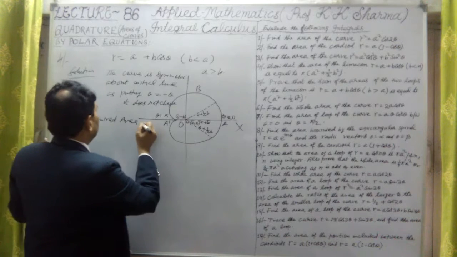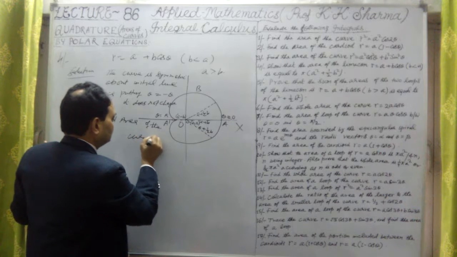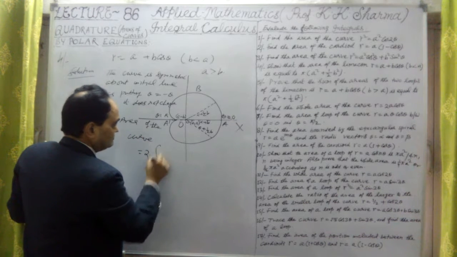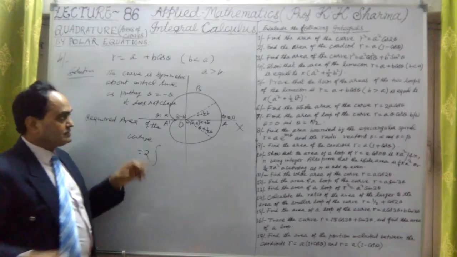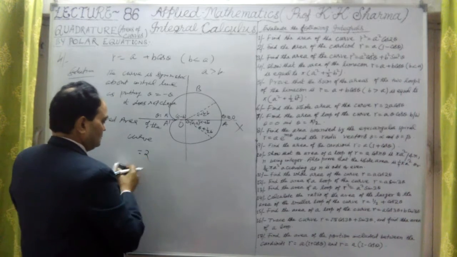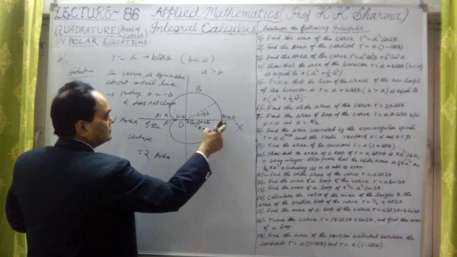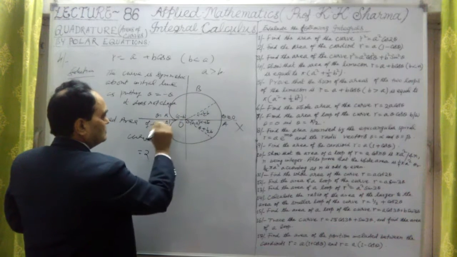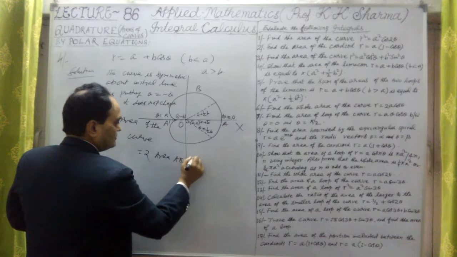Okay, so the required area of the curve is equal to twice the area. First let me take this area, twice the area. Let me take this a, b, and a dash.